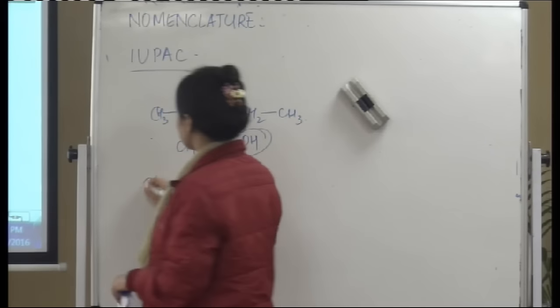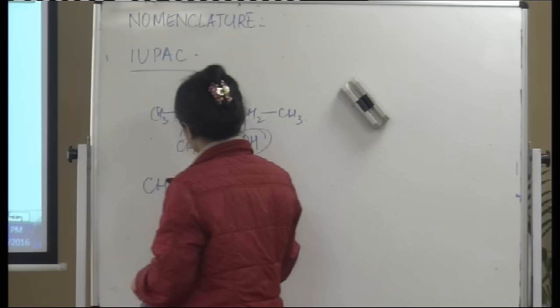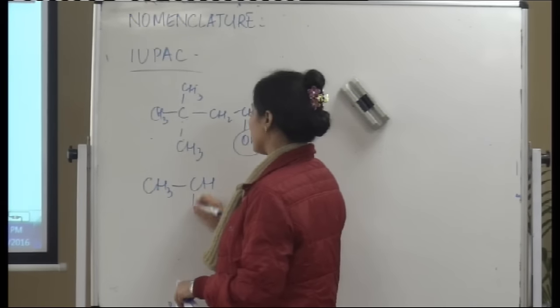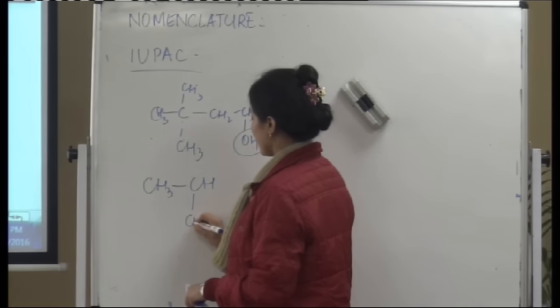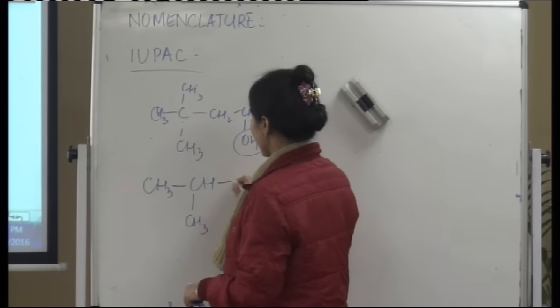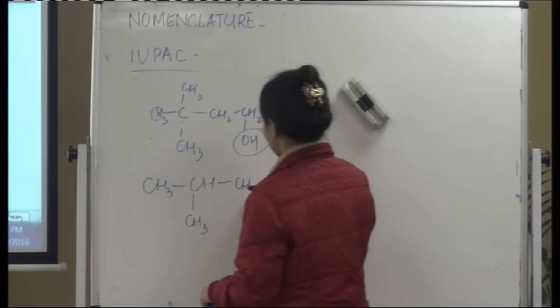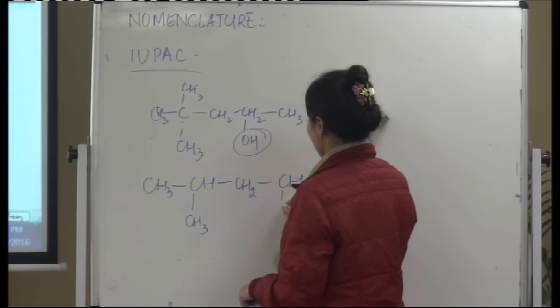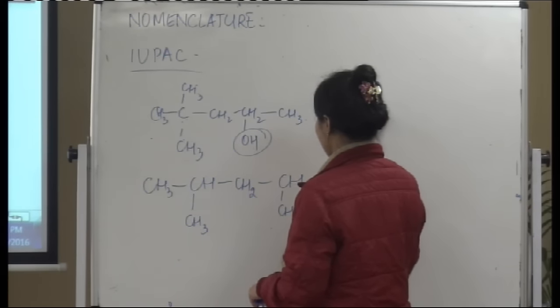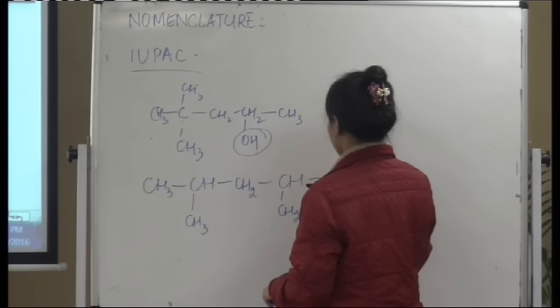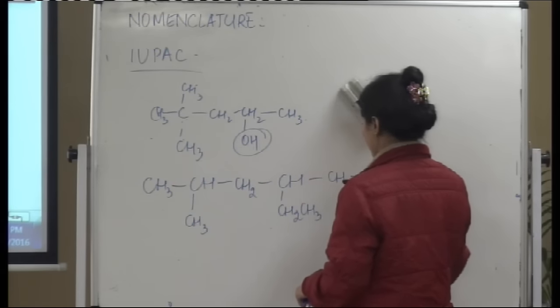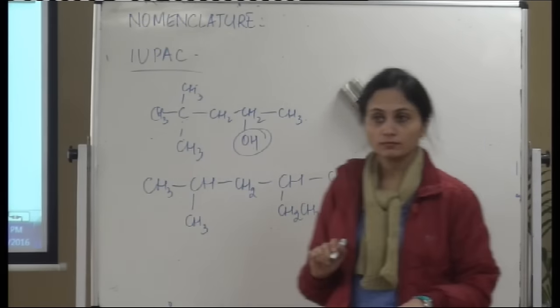Okay, another doubt that I have is, supposedly, if I have CH3 here, then I have CH2, CH, CH2, CH3, now CH2 and CH3. Now where will you start the numbering from?